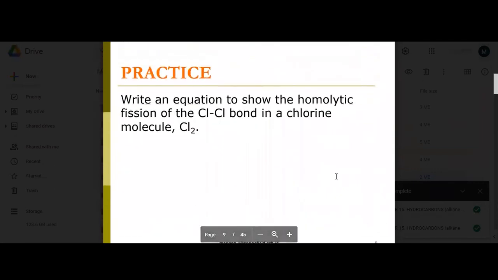Okay, it's practice time. Write an equation to show the homolytic fission of the Cl-Cl bond in a chlorine molecule. Okay, can you draw it? Okay, let's compare with me.